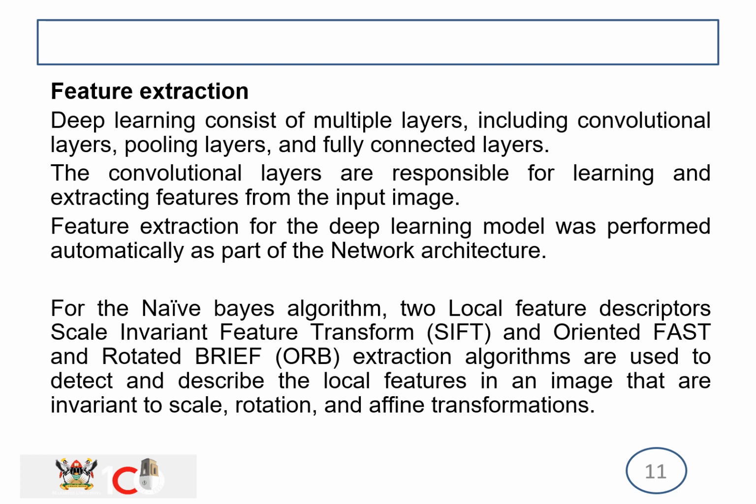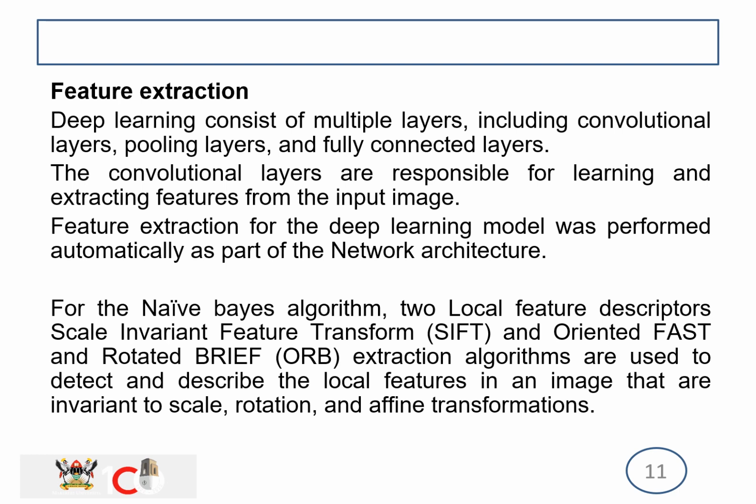These layers have a lot of capabilities that have been trained, so they can be used for learning and extracting features from whatever images are inputted. So feature extraction in deep learning happens automatically within the neural network architecture or model.